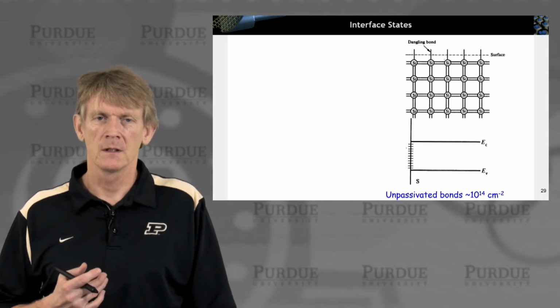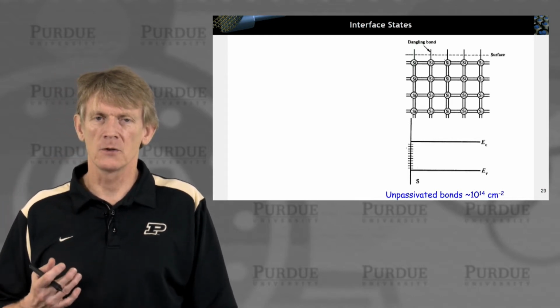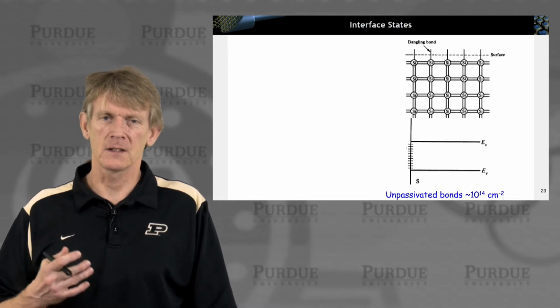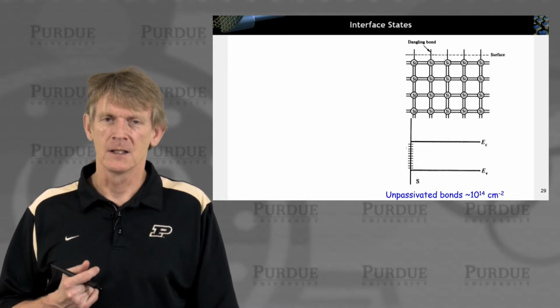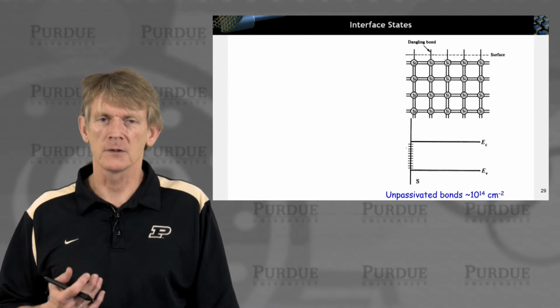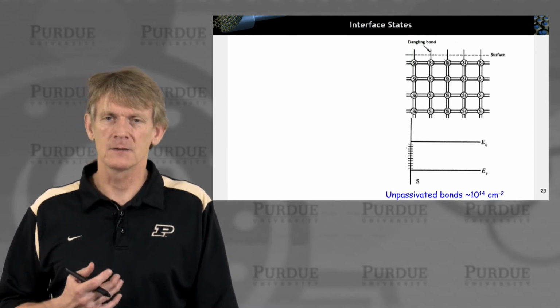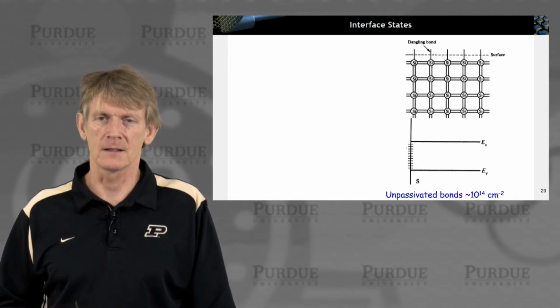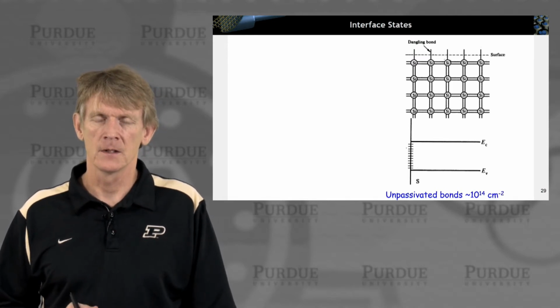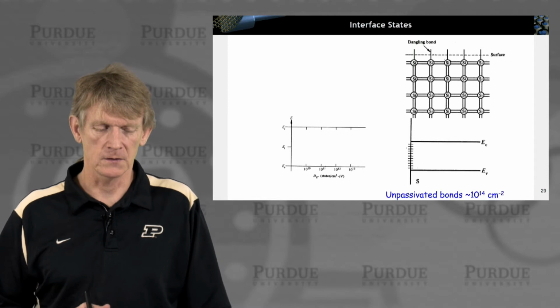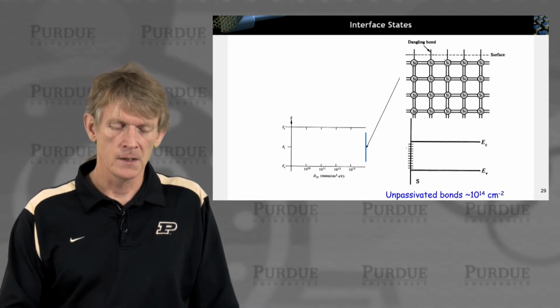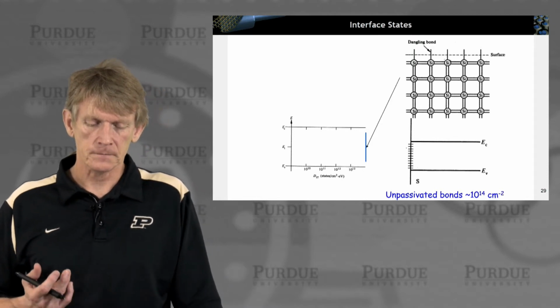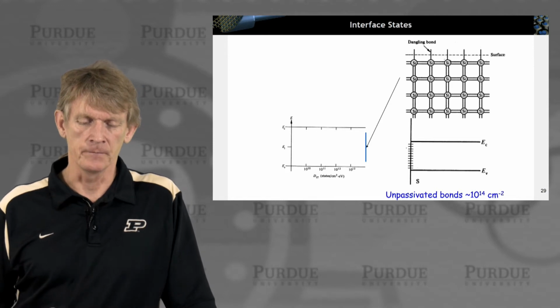Okay, so that would be compared to a doping of a volume that's 10 to the 16, 10 to the 17, you have a comparable charge. It's a no starter to build a device if you had surface states at that amplitude. So you have to do something to those surface states. If you don't do anything, you're at about 10 to the 14.